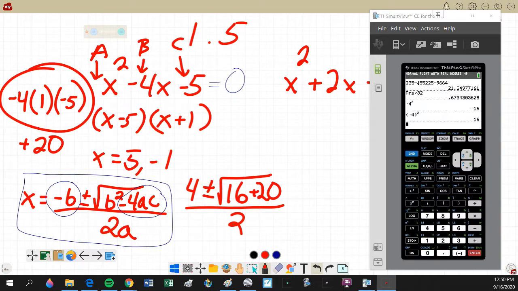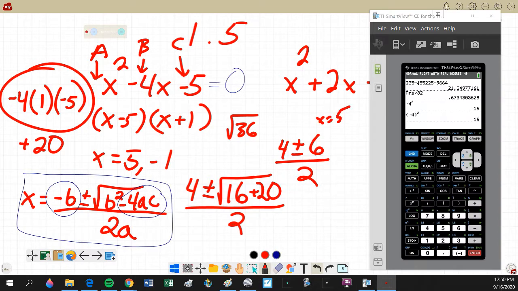So let's deal with the square root. I get the square root of 36. Does that square root? Yes. 4 plus or minus 6 over 2. It's both. So we have two answers. One of them is 4 plus 6, which is 10, divided by 2 is 5.